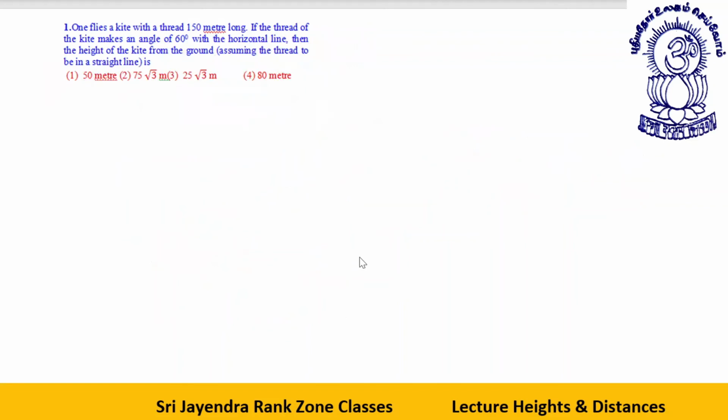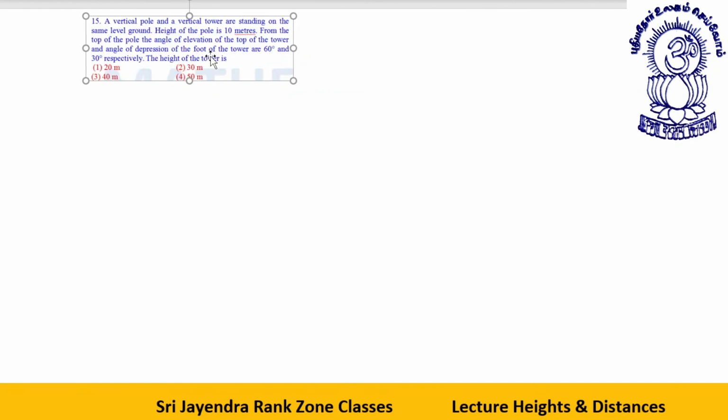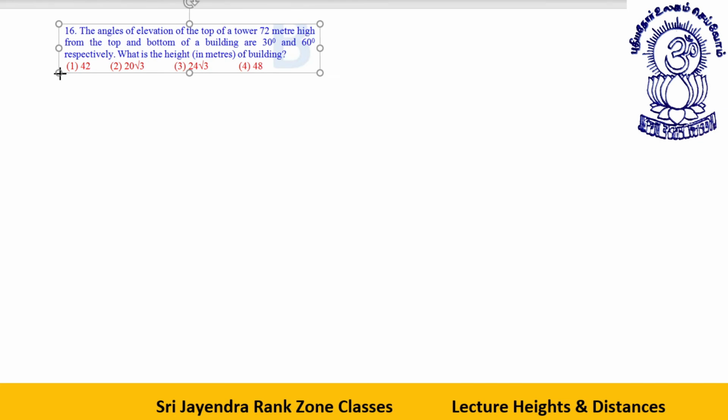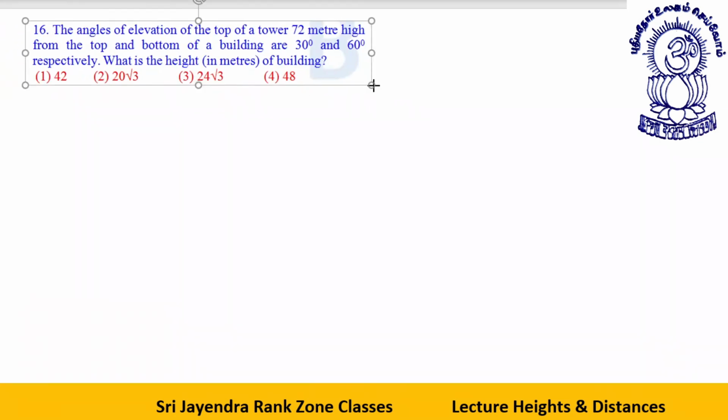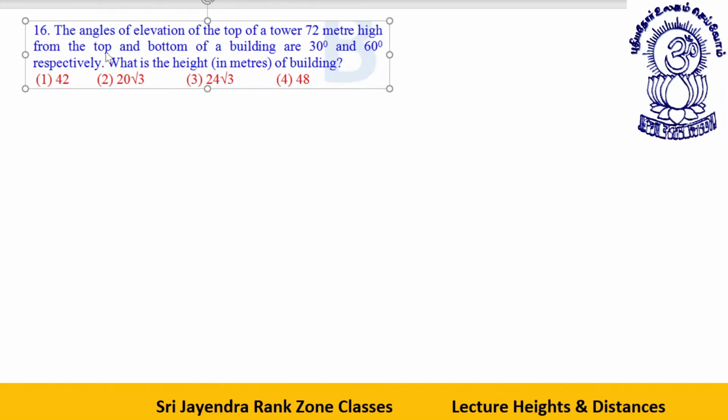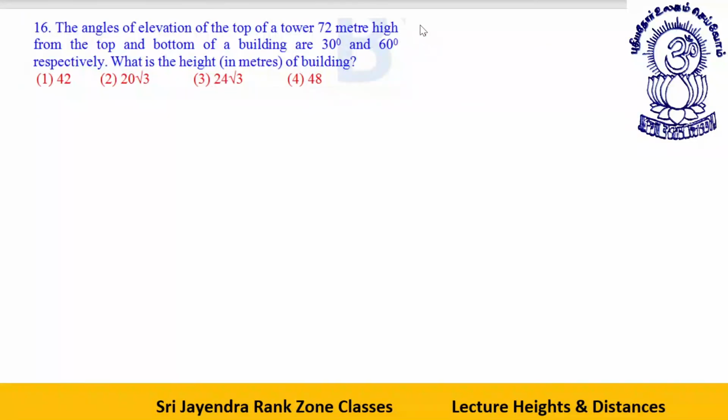The next question we have is: the angles of elevation of the top of a 72-meter high tower from the top and bottom of a building are 30 degree and 60 degree, like this.